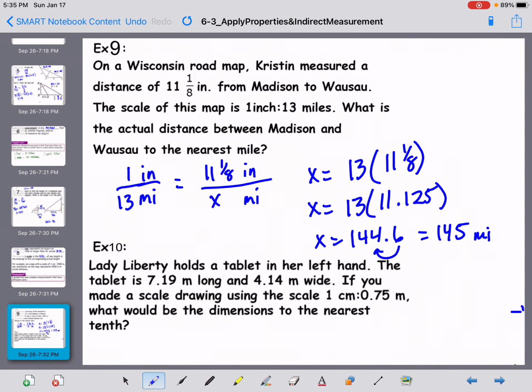Last example. Lady Liberty holds a tablet in her left hand. The tablet is 7.9 meters long and 4.14 meters wide. So let me draw the tablet. 7.9, 4.14. If you made a scale drawing using the scale 1 centimeter to 0.75 meters, what are the dimensions going to be? 1 centimeter to 0.75 meters equals what?